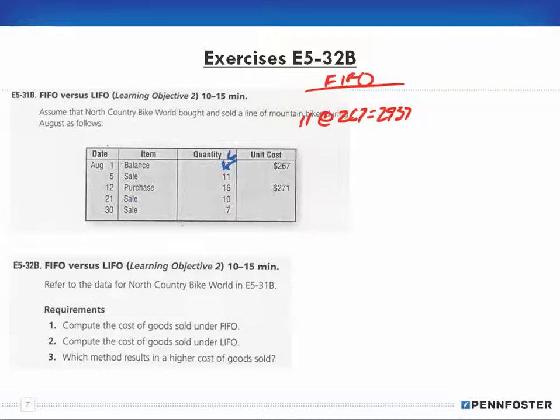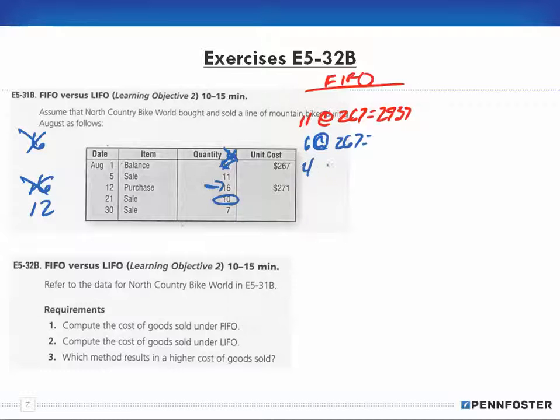All right. So now when we make a sale of 10 here, now remember we're buying 16 more. So we have 6 in inventory, and then we also have an additional 16 inventory. And when we're selling 10, the first ones in are the first ones out. So we're going to get rid of these 6 at 267, and we need an additional 4 out of the 16, so that'll give us 12 left.